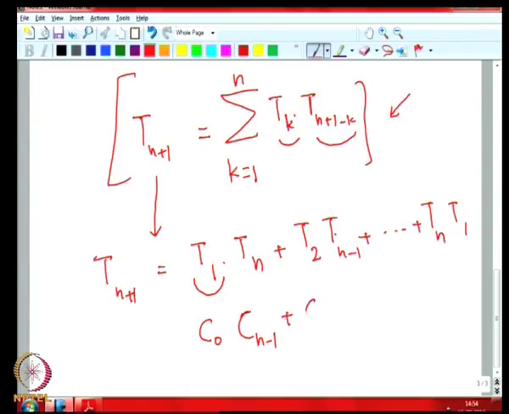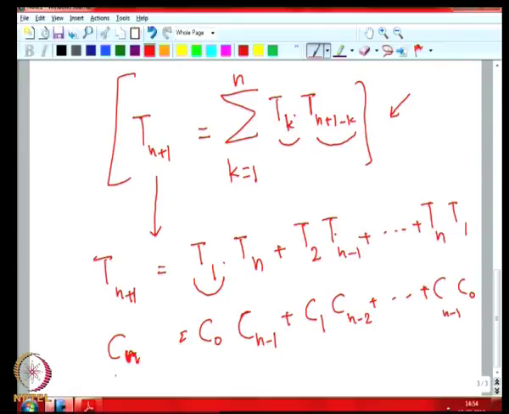T2 can be called C1 and this can be called C(n-2), and so on. This is C(n-1) into C0. This will correspond to just Cn.